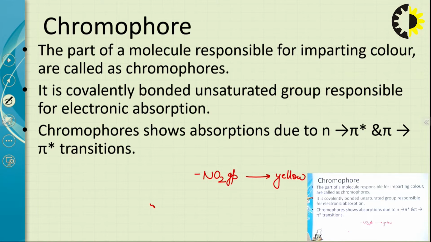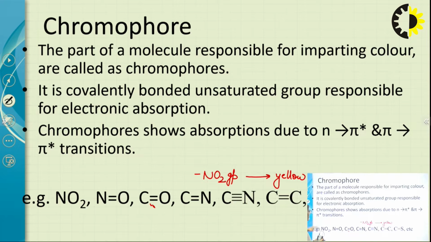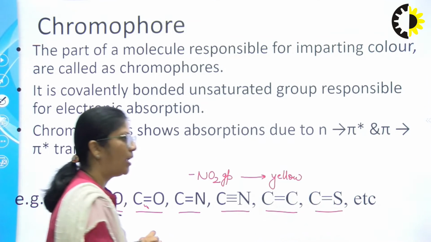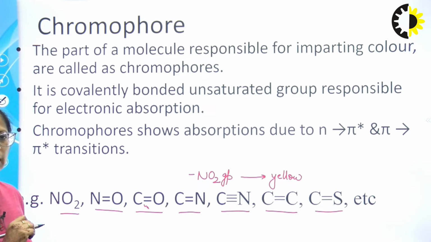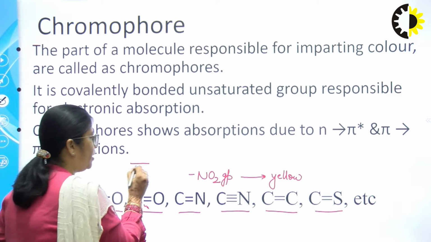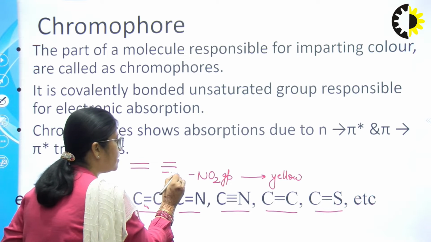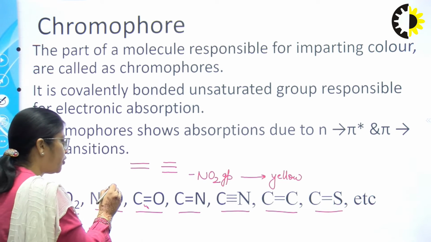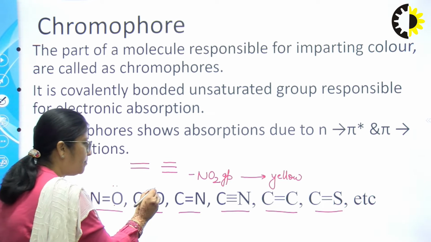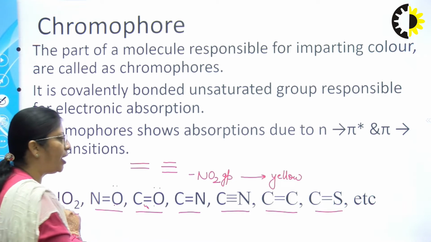For example, nitro group, NO group, C=O, C triple bond N, C double bond C, C double bond S. Here you can see that all the groups contain a double or triple bond, that is, unsaturation is present. Along with that, there is a heteroatom which contains lone pair of electrons.